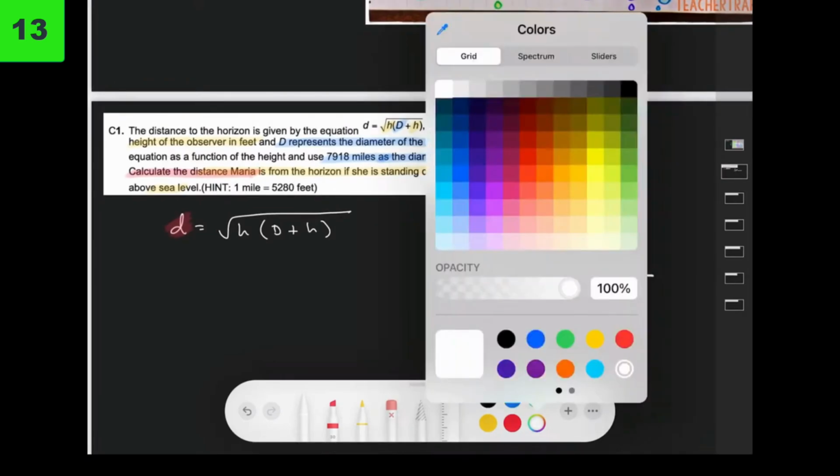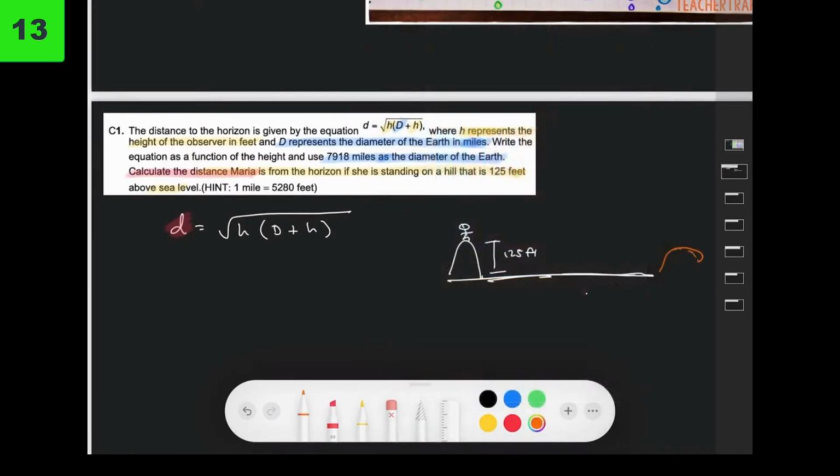When I think of the horizon, I just think of, oh, pretty sunset. Okay, there's the sun. So let's just use this formula. h represents the height of the observer in feet.